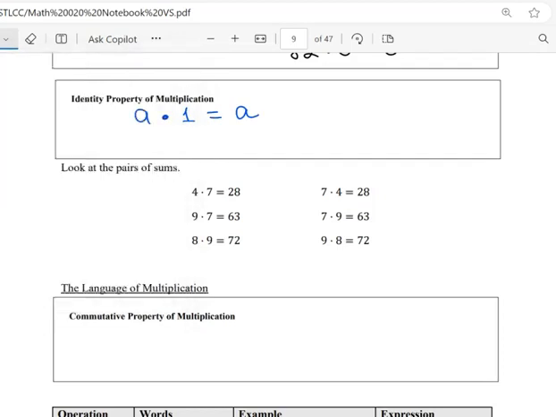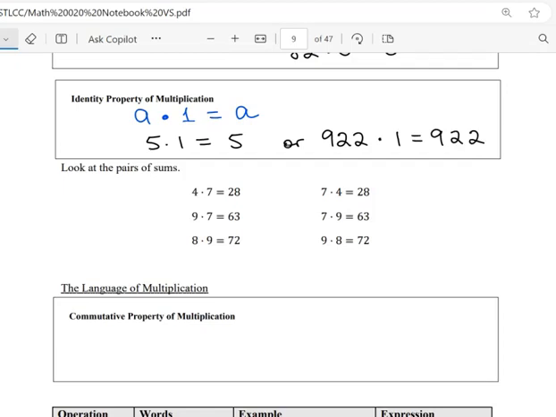Let's do 5 times 1 equals 5, or 922 times 1, it's still 922. Okay, so that's the identity property of multiplication.